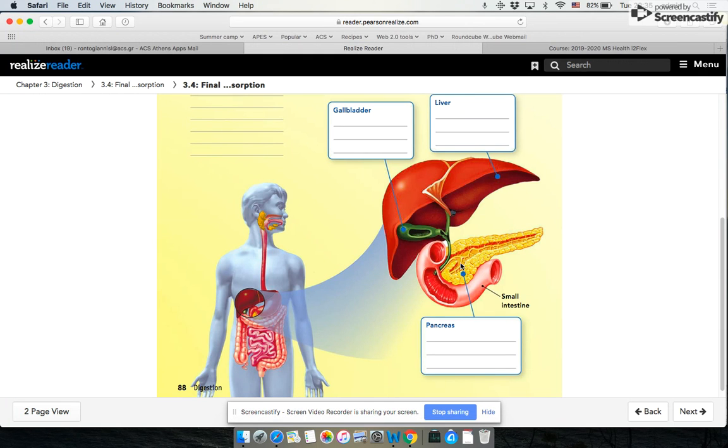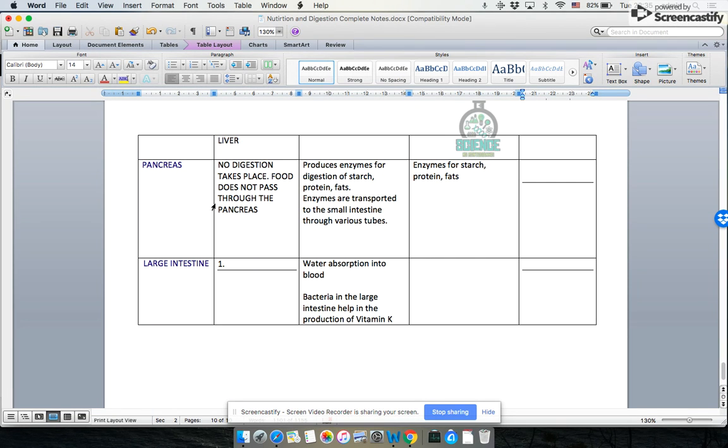Can't really see them here, but the pancreas will make these enzymes, and when they're needed by the small intestine, small tubes will allow the enzymes to enter the small intestine. The enzymes of the pancreas basically help us to digest carbohydrates, proteins, and fats.